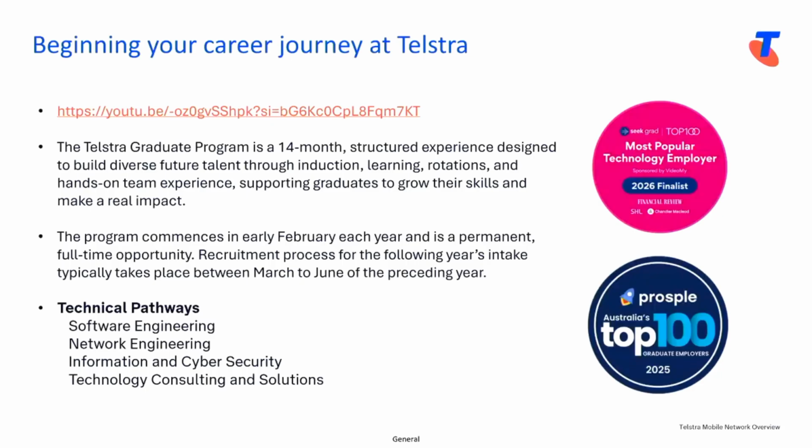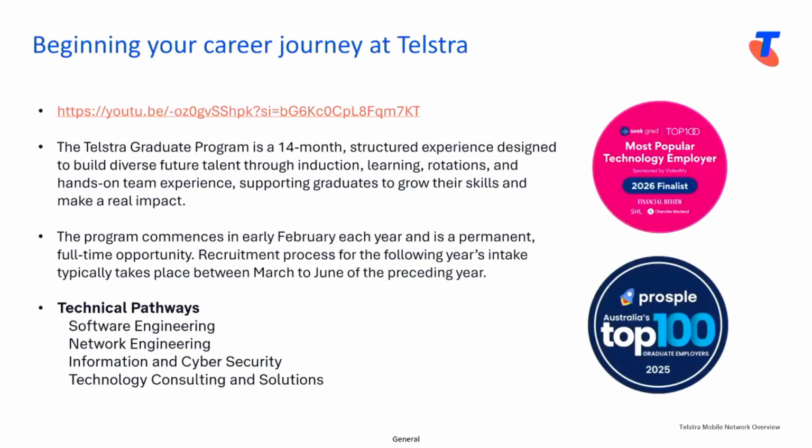Usually the program takes you through a bit of induction, learnings, and through different departments, not necessarily just engineering. So you get the opportunity to be rotated across. The programs usually commence around February each year, and it's usually a permanent full-time opportunity. The recruitment process usually takes place around March and June of the preceding year in preparation for the next year's program.